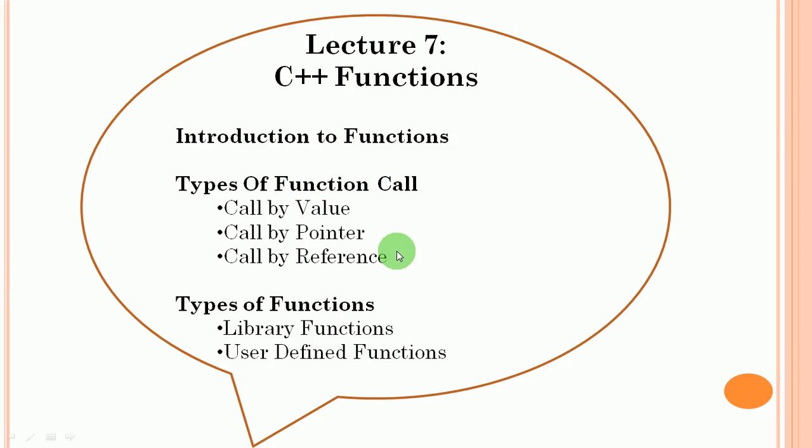The different types of function call are explained based on the parameters of the function. We also discuss some of the types of functions, such as library functions and user defined functions. So lecture 7 is also followed by a quiz and assignment.